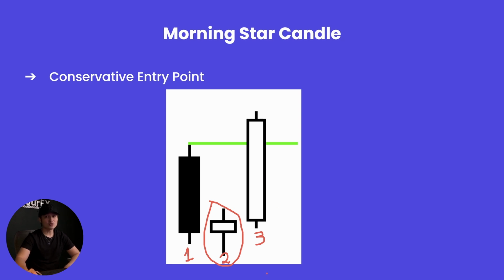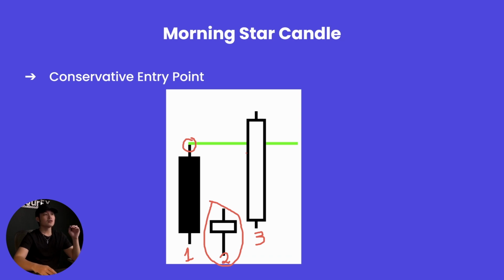For the confirmation candle, we want to make sure that the price makes the breakout above the high point of the first candle here. So the price closes above the high point of the first candle.